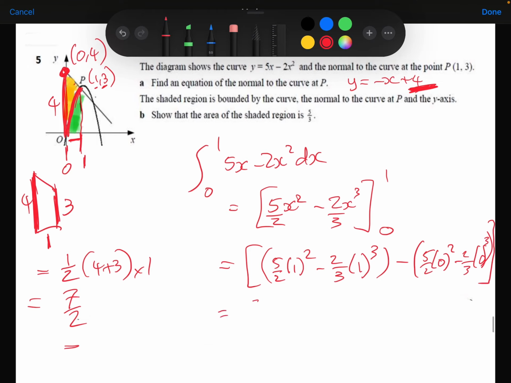So that's going to give me 5 over 2 minus 2/3, which, let me work this out quickly because I don't have a calculator. So that's going to be 15 over 6 minus 4 over 6. So 11 over 6.